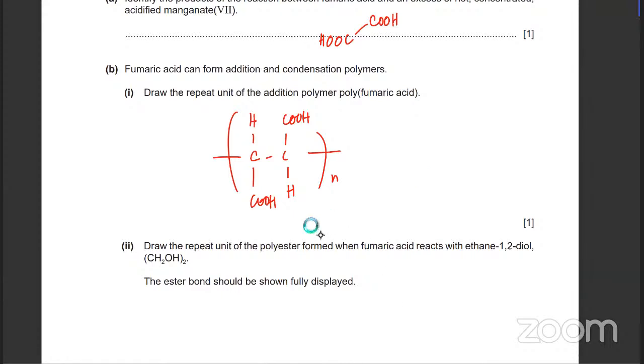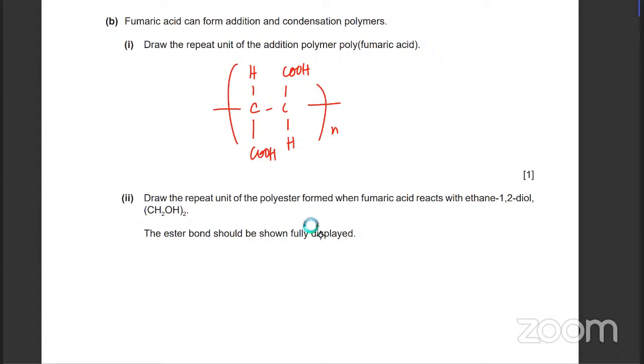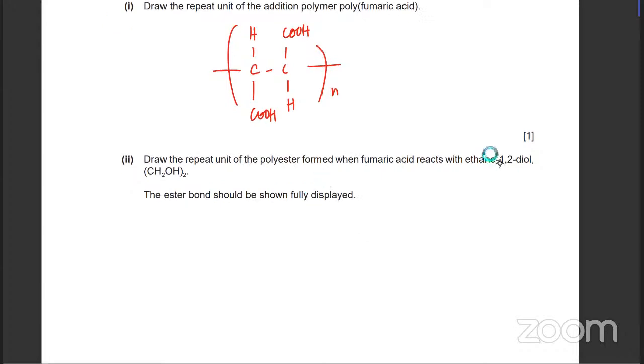And draw the repeat unit of the polyester which is formed with ethane-1,2-diol. So again, you had a double bond. It had carboxylic acid on one side and carboxylic acid on the other side, and you had H and H. And the other one is a diol.